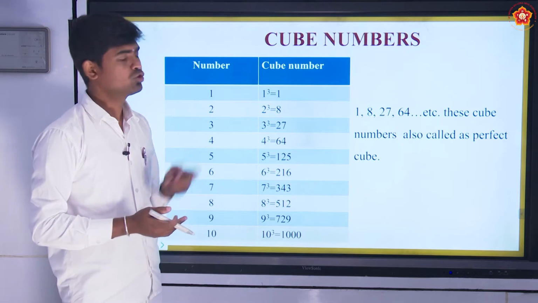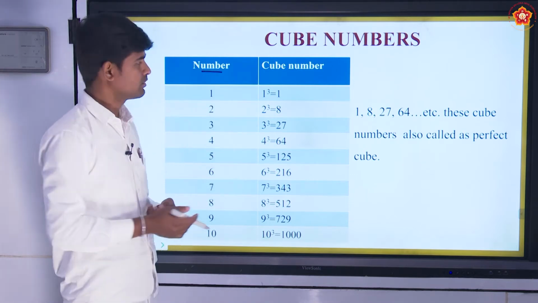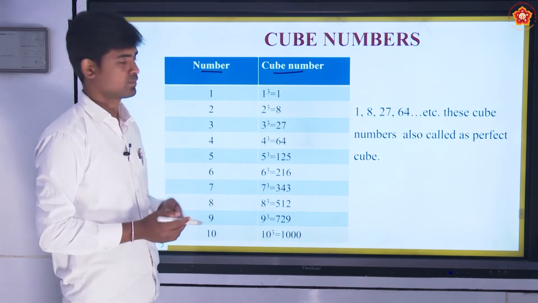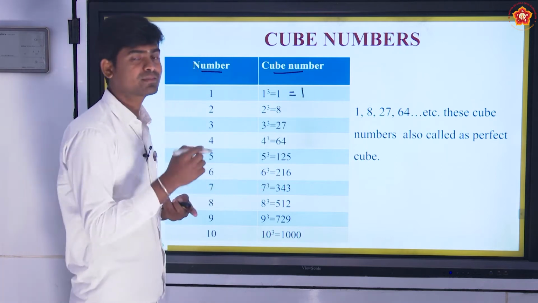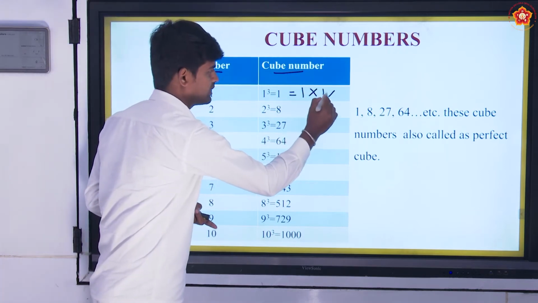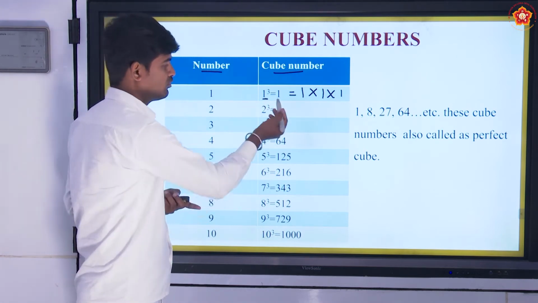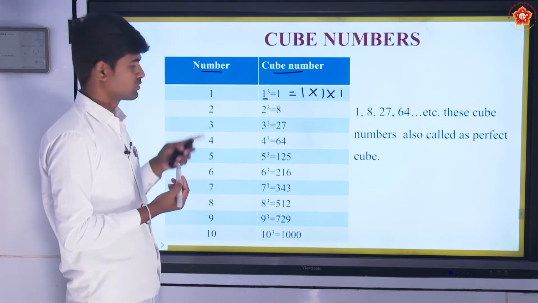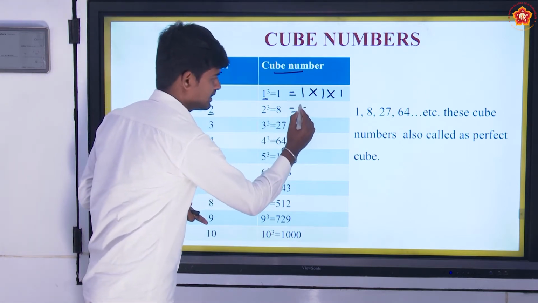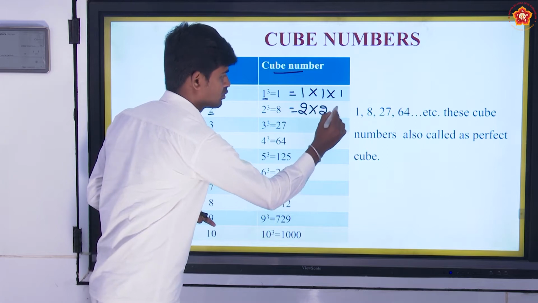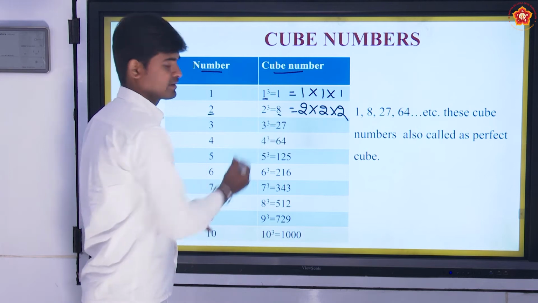Next, what do you mean by cube numbers? First, they give a number, and we have to find its cube. Number is 1, its cube is 1 into 1 into 1, that is 1 cube, equal to 1. Next, 2 cube means 2 into 2 into 2. 2 twos are 4, 4 twos are 8.